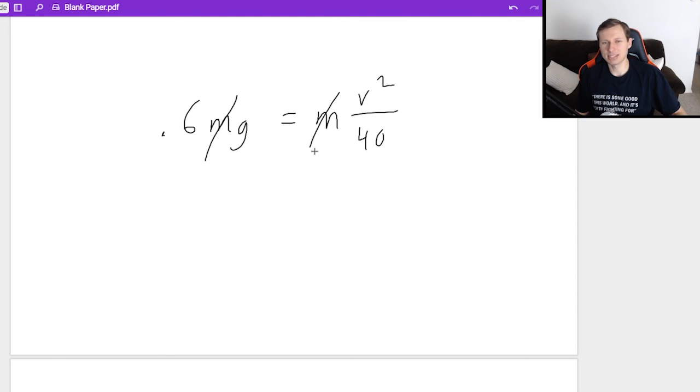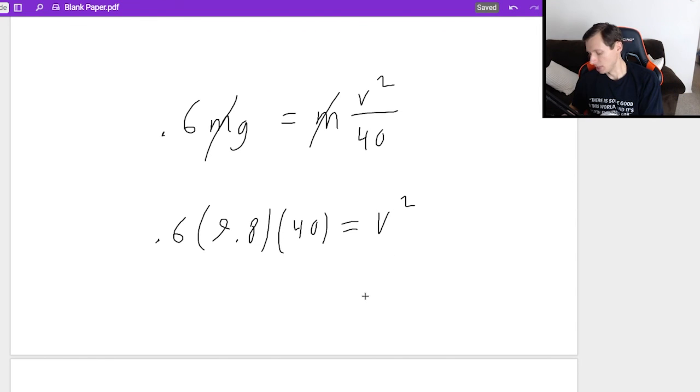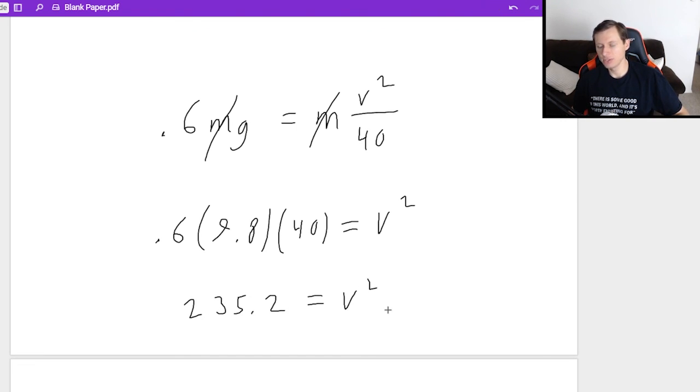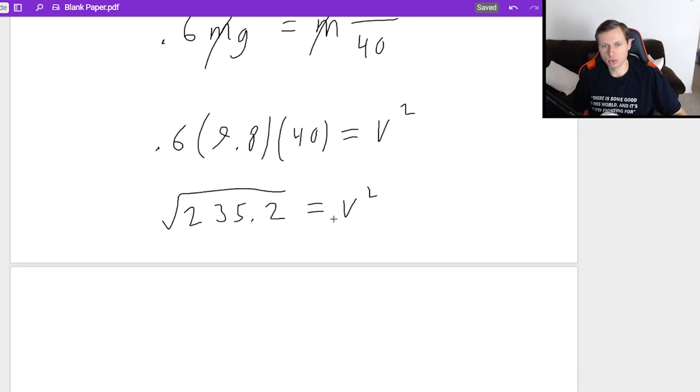It looks like the masses cancel. Isn't that great? And so then I can say multiply both sides by 40. So 0.6 times g, which is 9.8, times 40 equals v squared. So the left side, plug in my calculator. I get 235.2 equals v squared. And then I'll just take the square root of that.